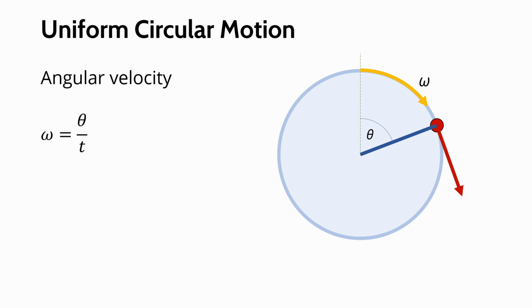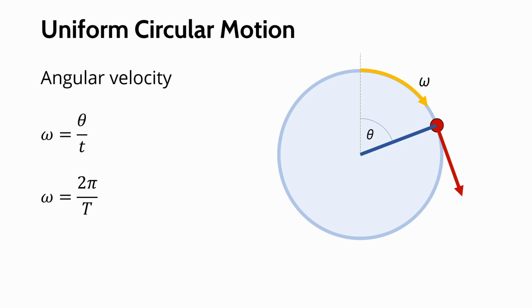If we did that for one complete circle, what's the angle theta? Well, it's going to be 2 pi radians. And the time taken would be a capital T, the time period. So if we looked at this for one complete revolution, omega would be 2 pi over T. So 2 pi is the angle of a complete circle, and capital T is the time period, the time taken to move through that complete circle.